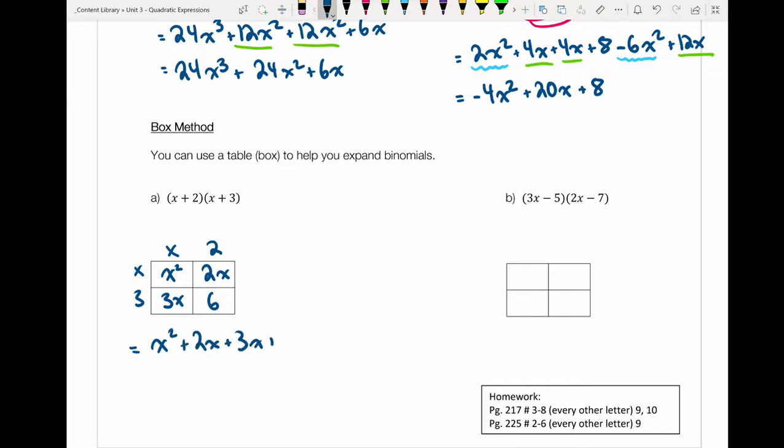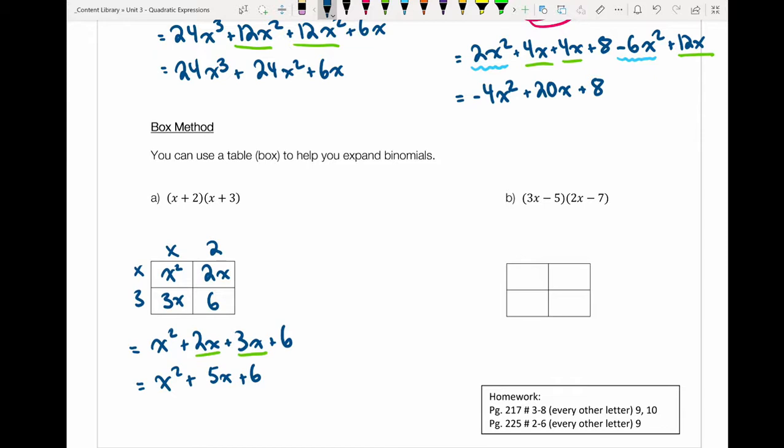So I'm going to write them all out. And now I can collect my like terms. I can see that I have x's together. So simplified, it's x squared plus 5x plus 6. And that's my simplified expression.